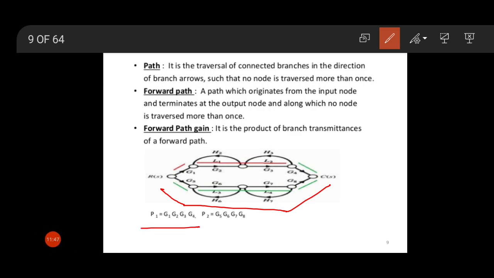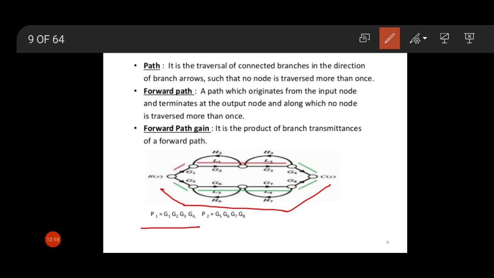So what is forward path? Forward path is how we will go from input to output node. If you consider this signal flow graph, there are two ways. By using these two ways, we will go from the input node to the output node. And what is forward path gain? Forward path gain is the product of branch transmittance of a forward path.